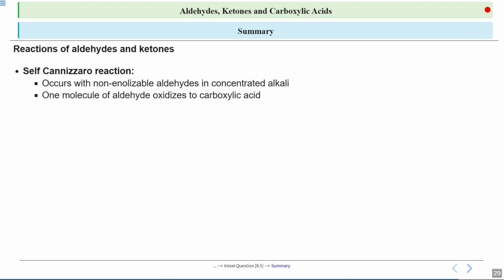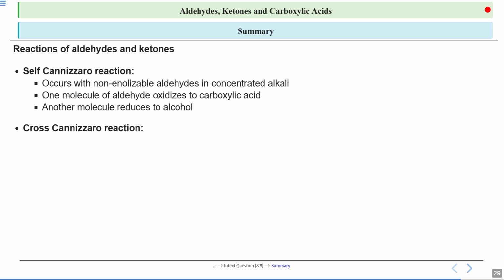One molecule of aldehyde is oxidized to carboxylic acid and another molecule is reduced to alcohol. So in self-Cannizzaro you have two aldehyde molecules, one getting oxidized to carboxylic acid and the other getting reduced to alcohol.